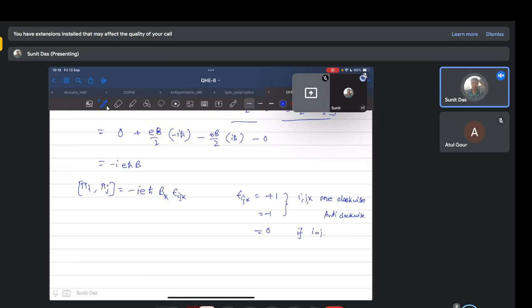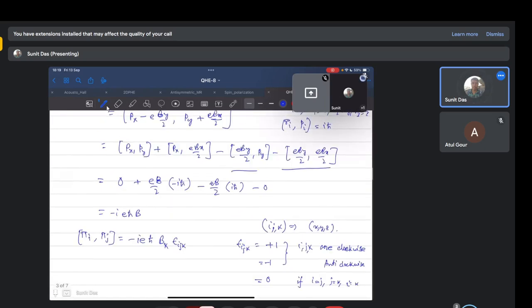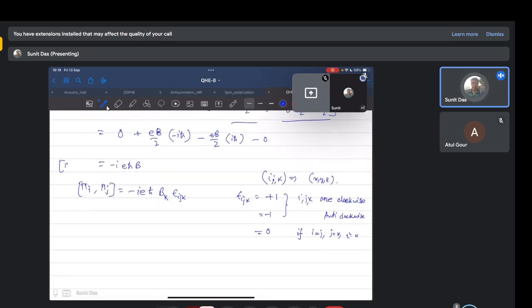So let's say i equal to j, or j equal to k, or i equal to k. Anything can happen, and this ijk corresponds to x, y, z Cartesian coordinates. So this is the commutator relation of pi x and pi y.